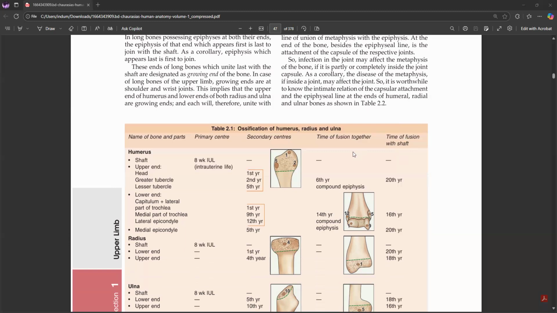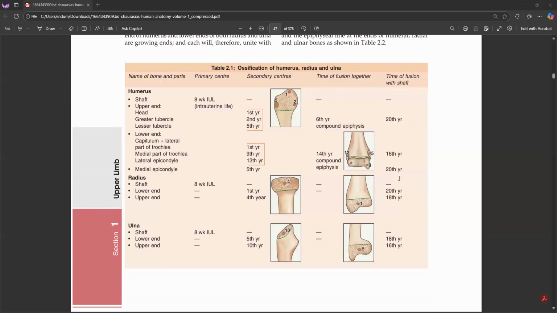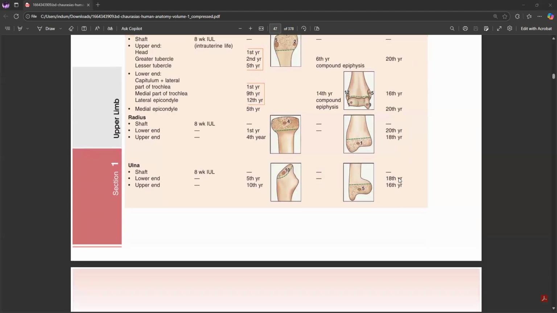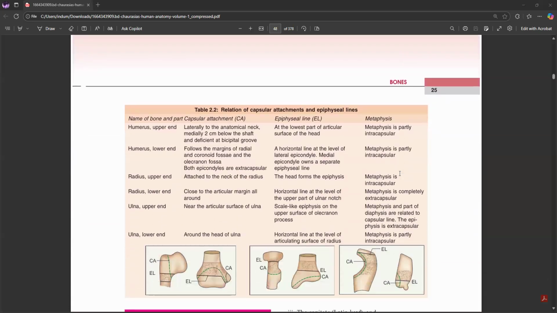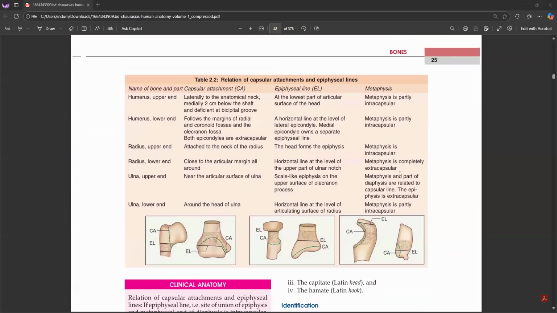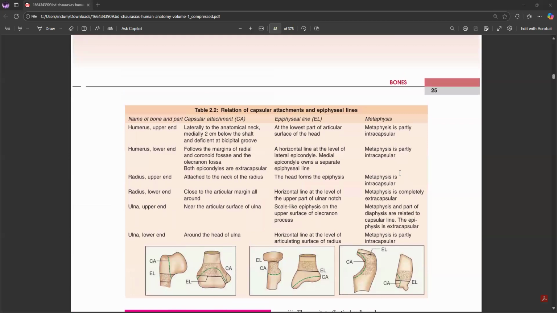So, it is worthwhile to know the intimate relation of the capsular attachment and the epiphyseal line at the ends of the humeral, radial, and ulnar bones as shown in figure 2.2. Relation of capsular attachments and epiphyseal lines.